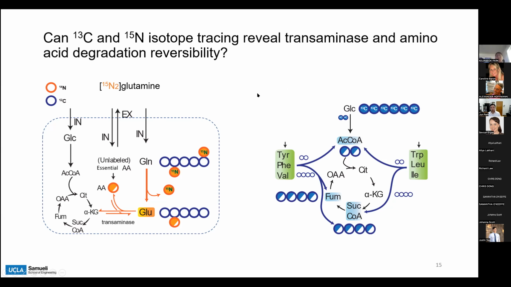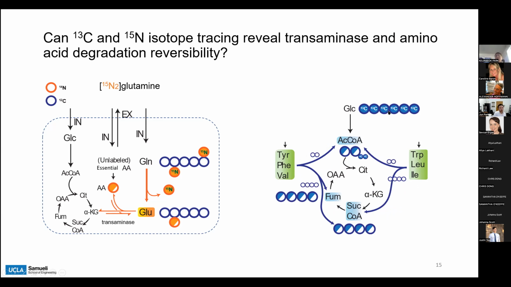And then for a glucose tracer, we also prepared a glucose tracer because the degradation products of the amino acids are also intermediate metabolites of the TCA cycle. For example, these 6 amino acids or more will degrade their carbons into feeding the TCA cycle by making acetyl-CoA, fumarate, and succinyl-CoA.